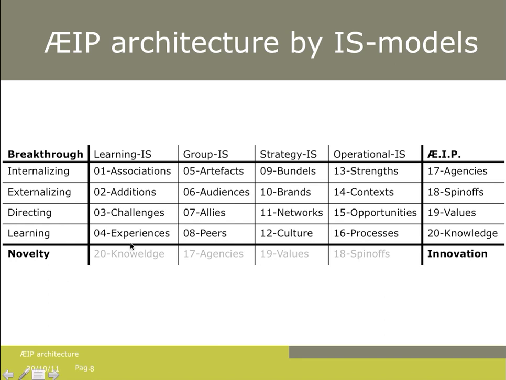Like, all these are concepts and you create knowledge, which is a concept. All these are agents and what you create is agency. So if you want to go to innovation, we actually have now two models creating novelty. So what we figured out is that the AIP system is actually a meta novelty model, and it gets mediated by four emerging novelties, and agency is one of them, and knowledge is one of them, and we added two more. The one we added is a strategy information system, and that should make values emerge.